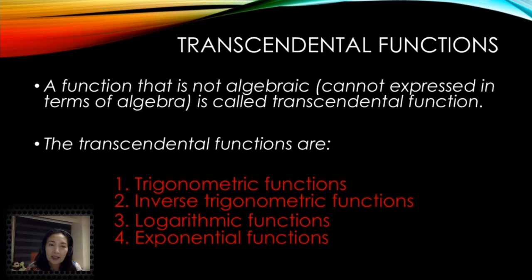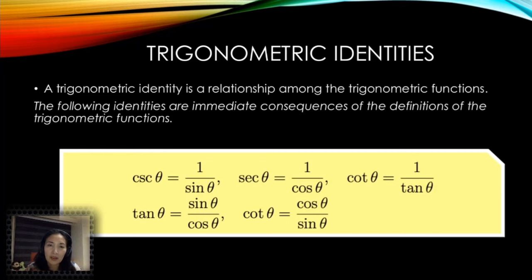Examples of transcendental functions are your trigonometric functions and the inverse trigonometric functions, your exponential functions, and logarithmic functions. Take note that they are inverses of each other. Your trigo and inverse trigo, expo and logarithmic are inverses of each other. But this session will focus on trigonometric functions only.